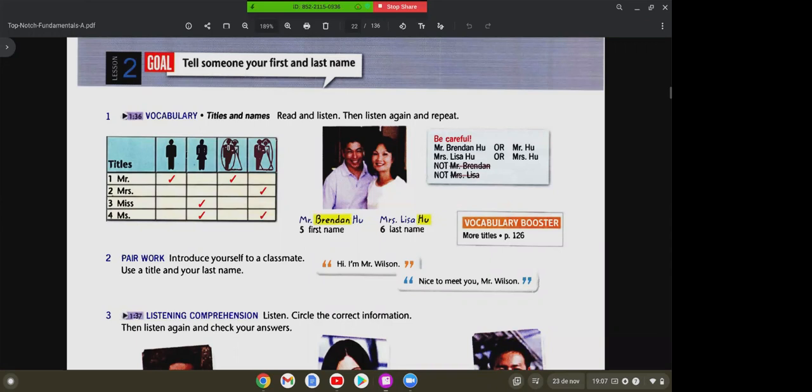So we have lesson number 2, unit 2. Can someone read the goal for me? The goal of today's class. ¿Puede leer alguien el goal de hoy? Tell someone your first and last name.